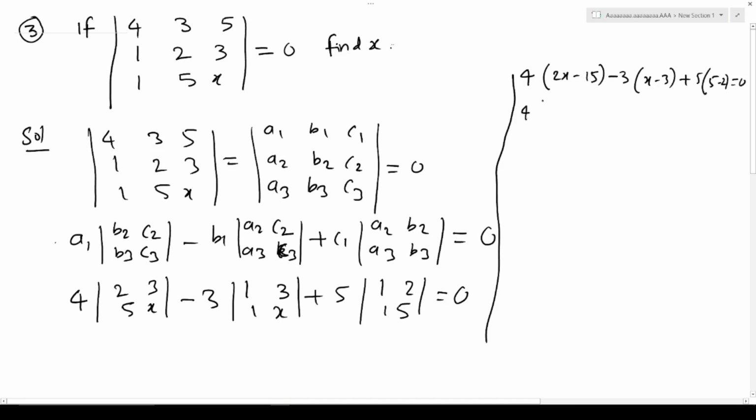So 4 into (2x minus 15) minus 3 into (x minus 3) plus 5 into 3 equals 0.